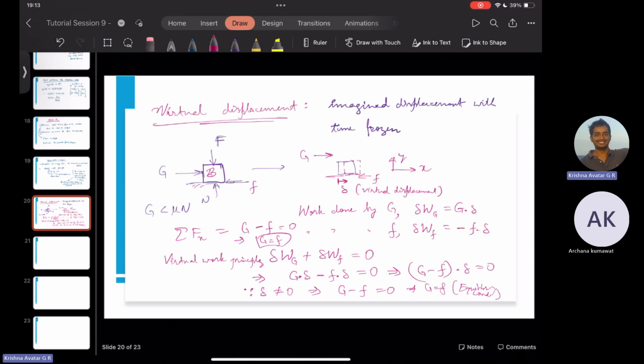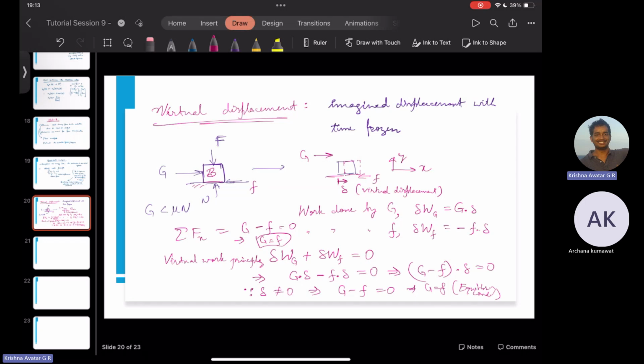No matter how complicated the situation is, all that we require is that the virtual displacement must be consistent with the constraints on the system. In this case, the block was only able to move horizontally along the table, and we have to respect that even when we provide the virtual displacement.